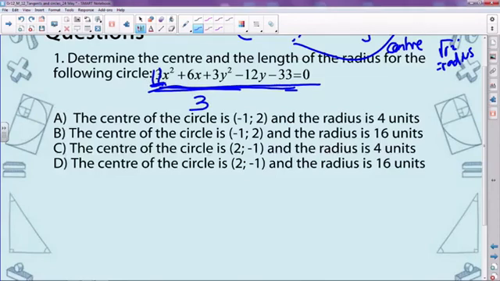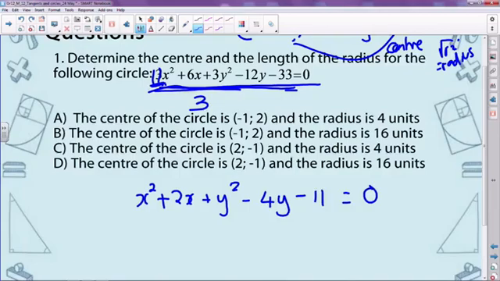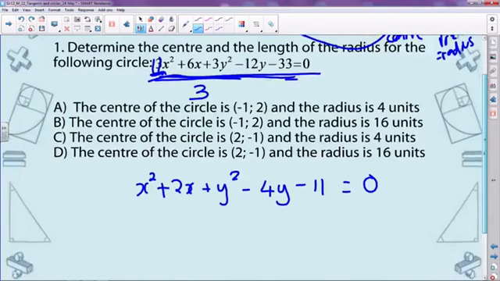All right, so if we do that, we're going to get x squared plus 2x plus y squared minus 4y minus 11 is equal to 0. Okay, so I've divided all of the coefficients by 3, and that's made my equation look a lot simpler.